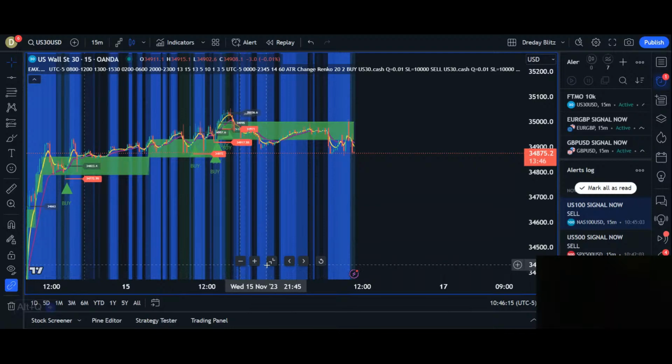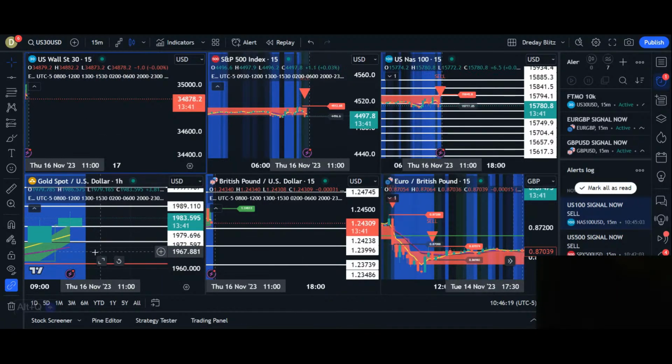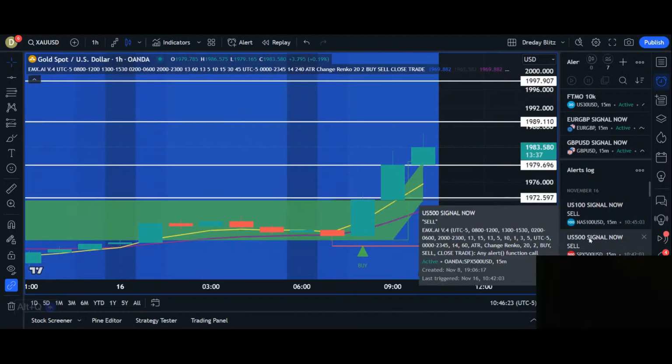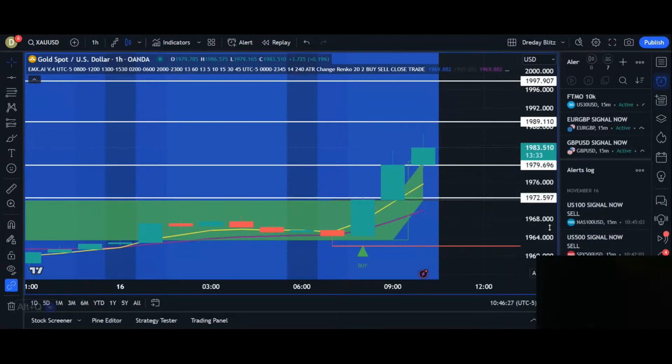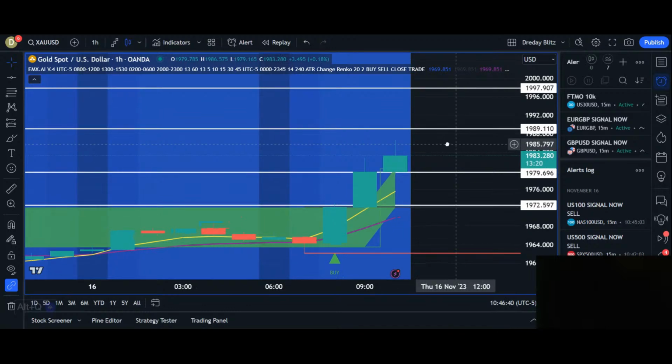Perfect. So yeah, we'll still look to see what will happen on US30. So everything will be on this section here, guys. So any notification will be there. So if we have a notification, you will see it right here. Okay.